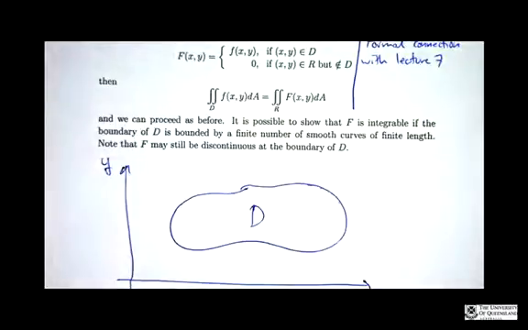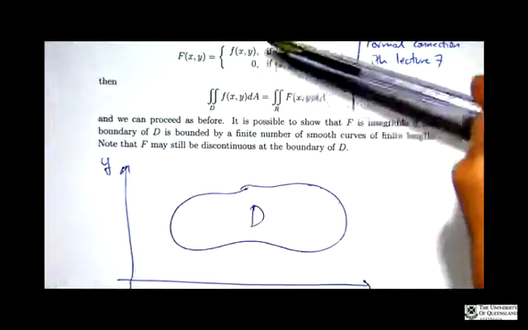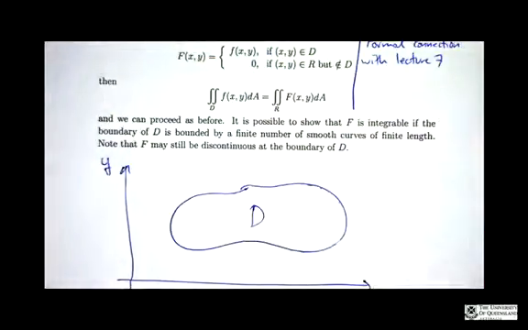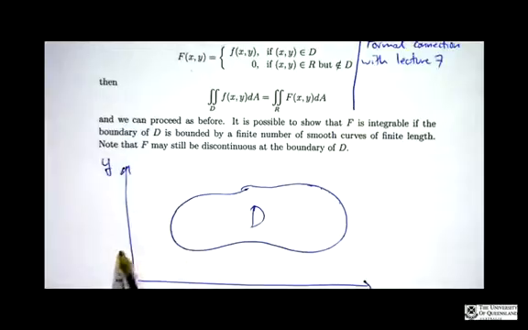However, so far we've only seen double integrals over rectangles, but what we can do is introduce a new function that I've called capital F here that takes on the same values as the function we're actually interested in, little f, provided the input is in this region D. So we define capital F to take on the same values as little f inside the region D, and 0 in some other rectangle that completely encloses the region D. I could draw in the rectangle here.